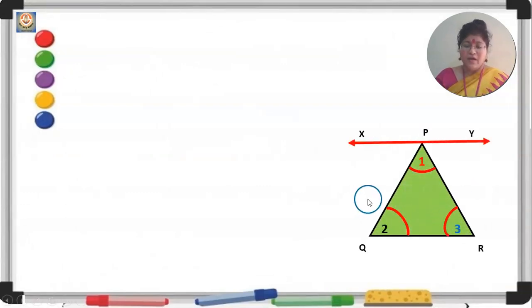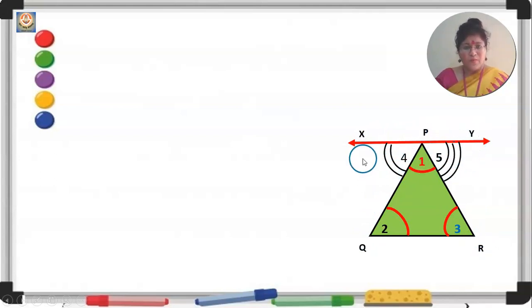Now, after having drawn this triangle, let us number this angle as 4 and let us number this angle as 5. So we have angle QPX as angle 4, angle RPY as angle 5.